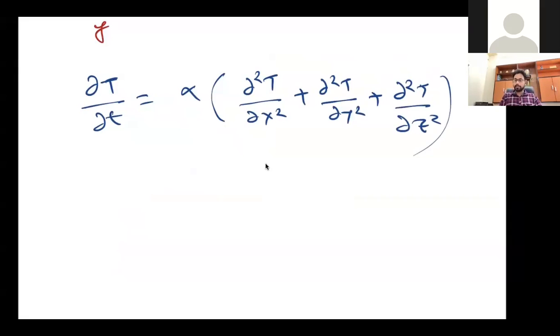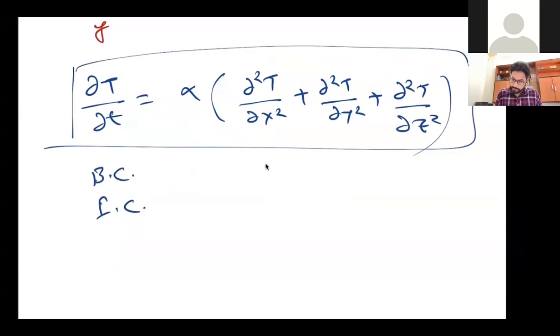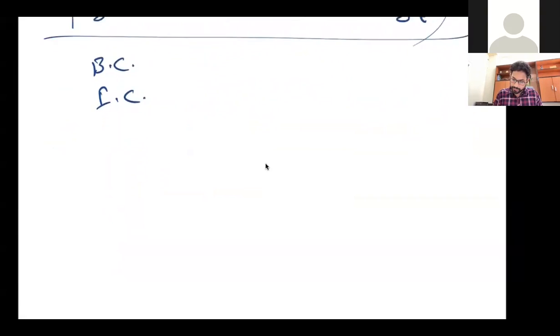So this equation will give you the heat transfer rate in different directions. Just this one equation is not enough. Obviously, you will have to apply boundary conditions and initial conditions, which we will discuss when we take an example. So this is one equation you have, and you should note this equation.